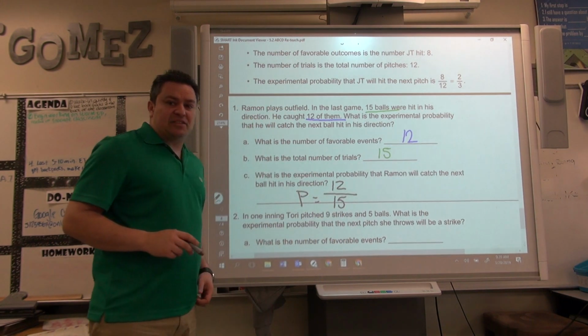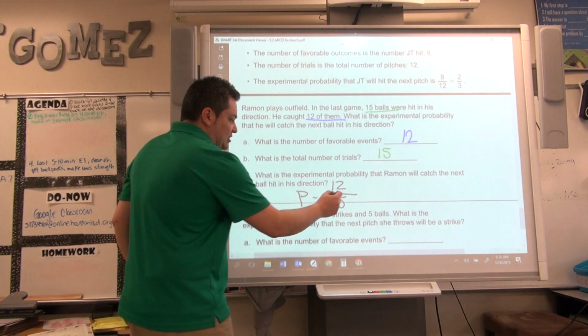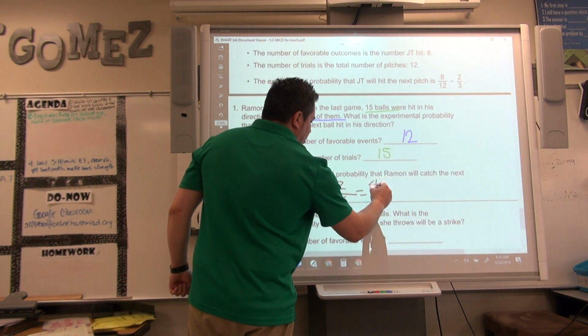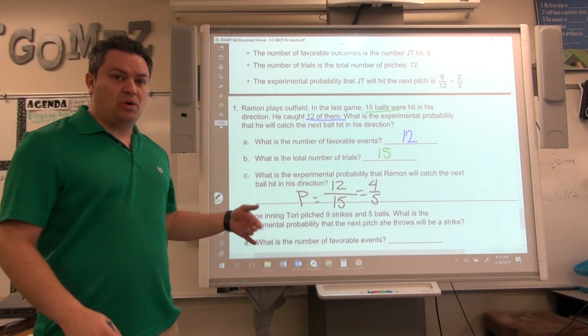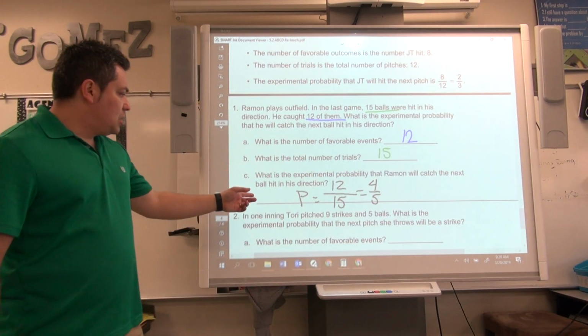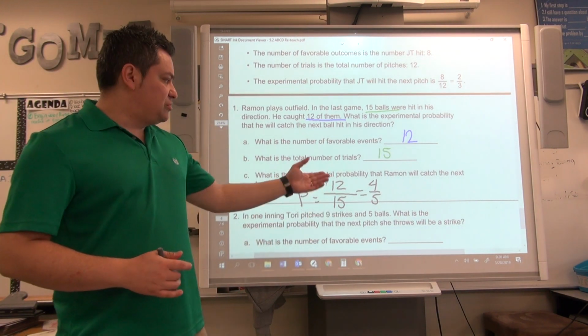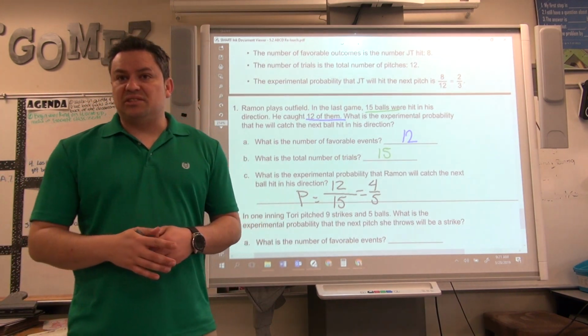We don't leave the answer like that if we can simplify it. This is not in the simplest form, so I can divide both of them by 3. That will be 4/5. Now you can convert this to a decimal or percent. The probability that he will get the next ball going in his direction is 4 out of 5. That's it. Just like on theoretical, the process is the same.